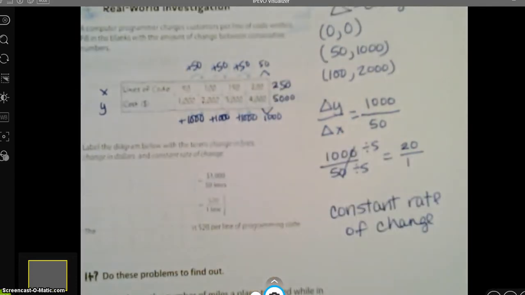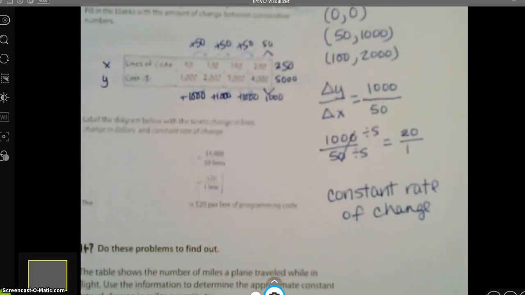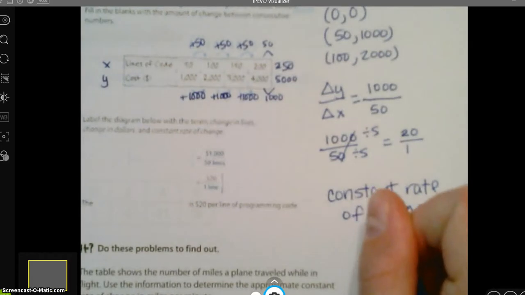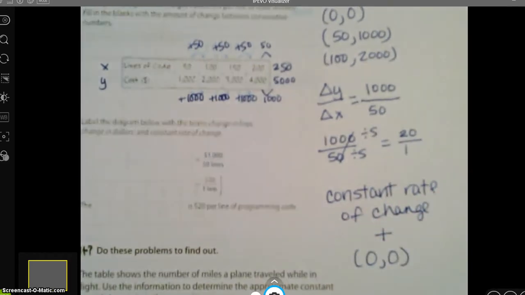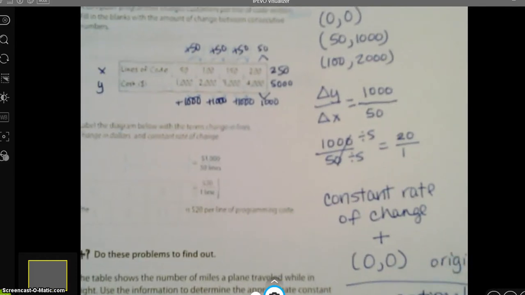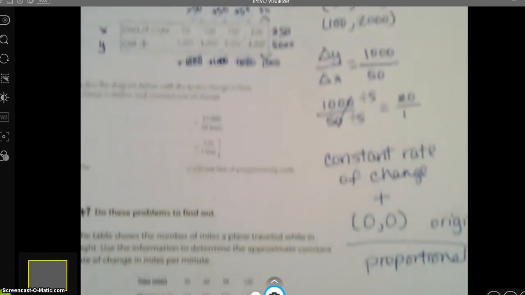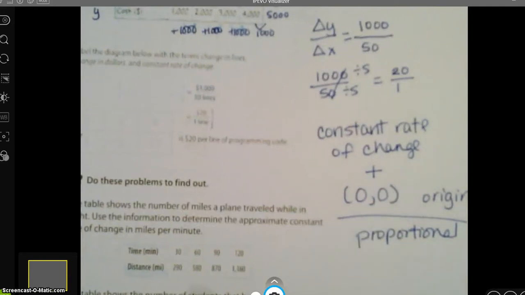It doesn't have to, but if you have a constant rate of change, plus it goes through 0, 0, we call that the origin, then that equals a proportional situation. You have to have both things. You have to have constant rate of change plus 0, 0. You have to have both of those, okay?